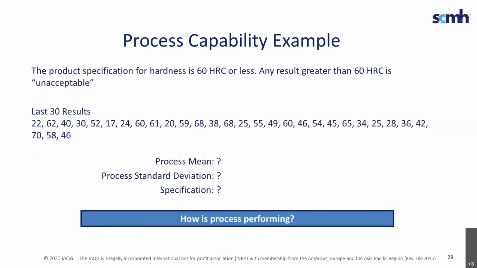Now, is there a better way of reporting this? Absolutely. This data looks a little more variable than attribute. In other words, it has a continuous scale, which means we could report a mean and standard deviation, calculate the CpK, and determine how the process is performing.